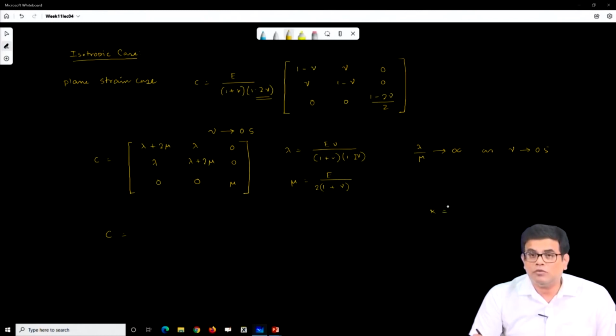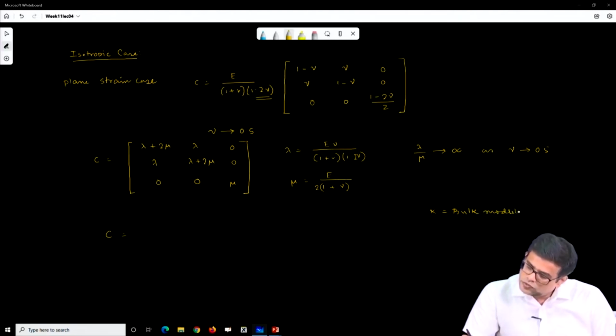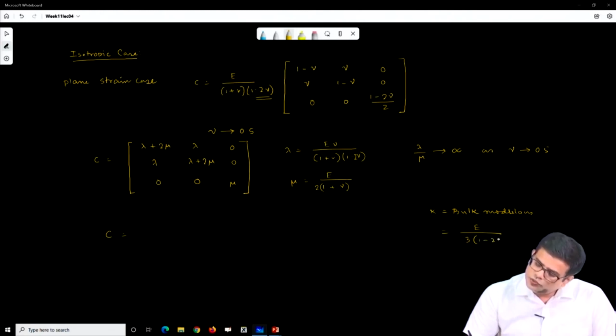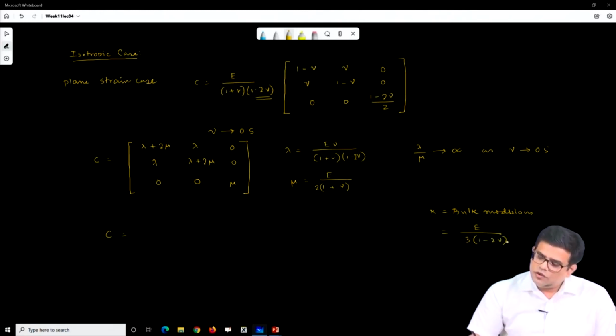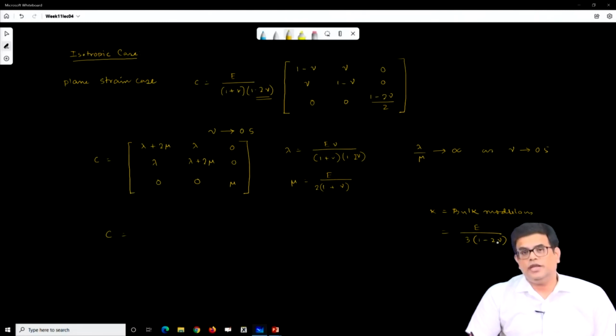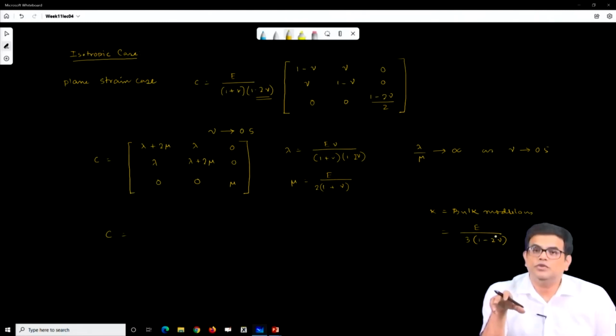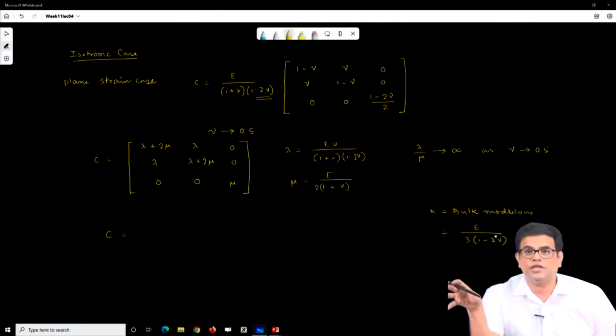If I denote bulk modulus by K, that is E by 3 into 1 minus 2 nu. Now this bulk modulus also goes to infinity. Why are we doing it in terms of bulk modulus? Because bulk modulus, we know, is responsible for volumetric strain.